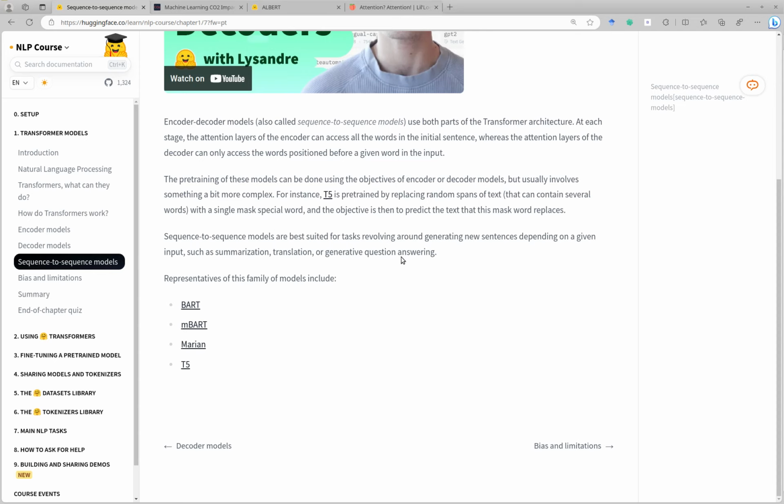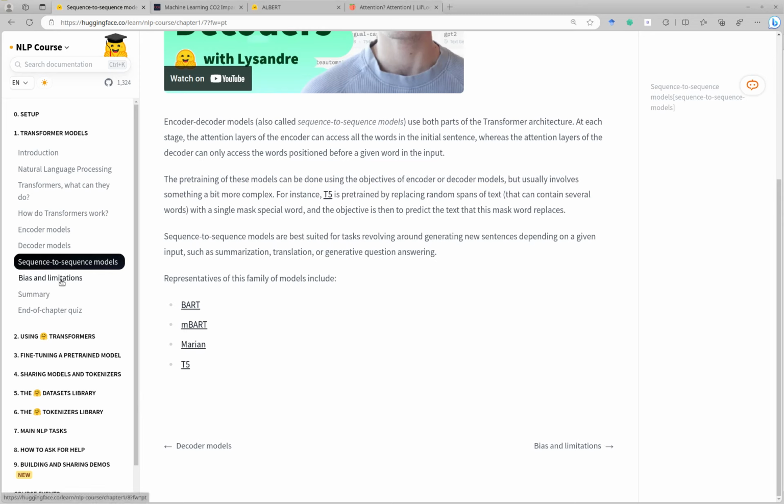They are mainly suitable for tasks revolving around generating new sentences depending on the given input. The tasks can be like summarization, translation, or generative question answering. The various models under these topics are listed here.